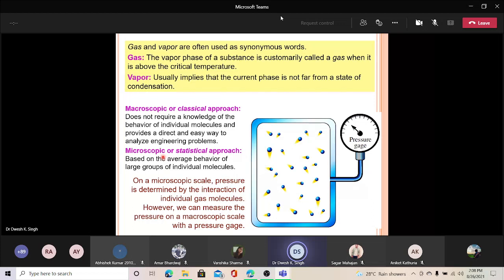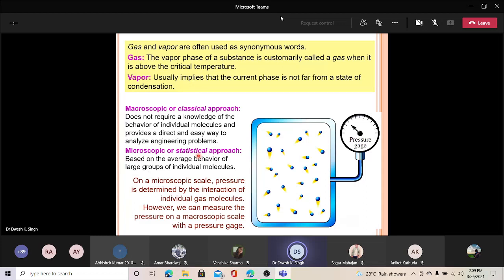If you have studied statistics in your previous class, you can imagine why statistics is used: it is used to arrange very large data. So for the study of microscopic we need statistics, which is why it is called either microscopic or statistical approach, two names.